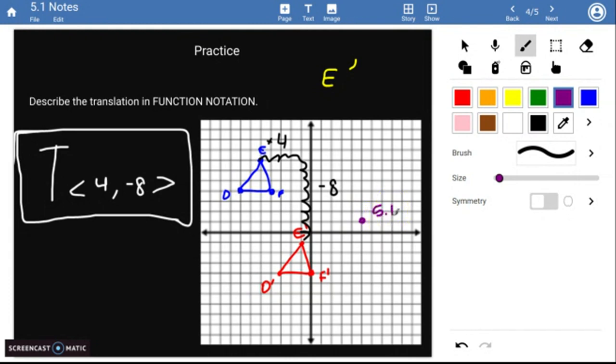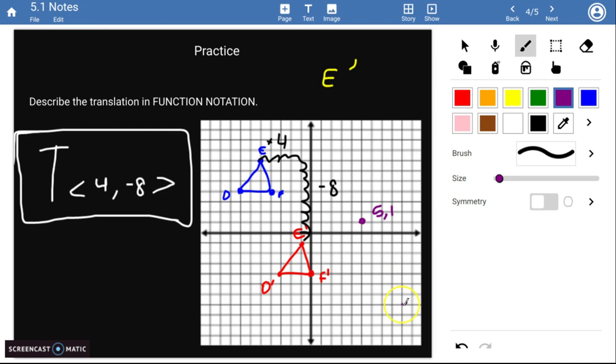If you're asked to translate it using this, you would go to the right 1, 2, 3, 4, then down 8: 1, 2, 3, 4, 5, 6, 7, 8. Let's say this was called point W, then this one would be named W prime because it's the new one. So there you go. That's how you do things like that. That's how you use translations.